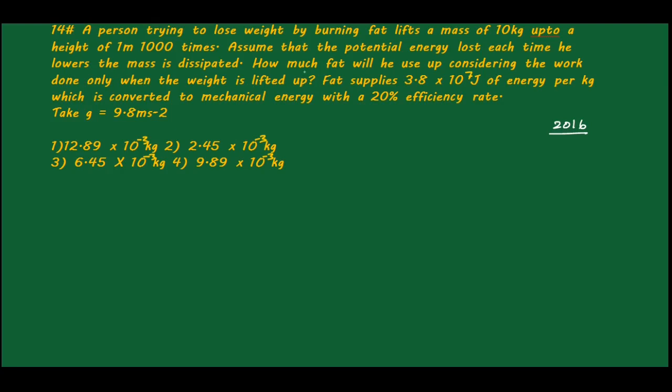Fat supplies 3.8 into 10 power 7 joule of energy per kg, which is converted to mechanical energy with a 20% efficiency rate. Take g as 9.8 meter per second square.